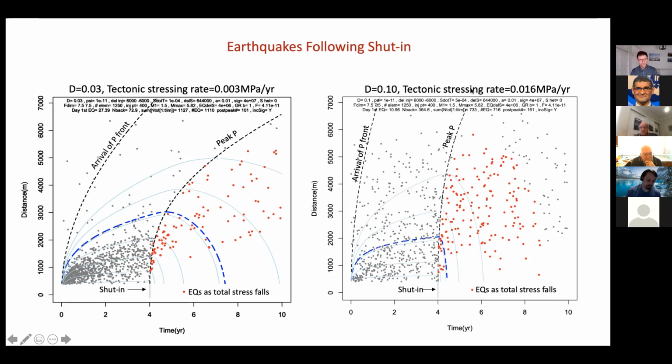That's why I sped up the stressing rate and the fluid diffusion rate, so you can see the end of that effect here. Okay, so Jim, just to double confirm how I understand your point here. Those red dots actually have Coulomb stress decreasing, but they are still happening just because they were on the way. That's correct. Okay. Yes.